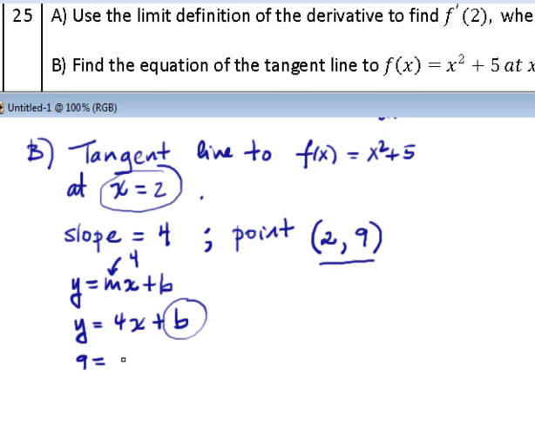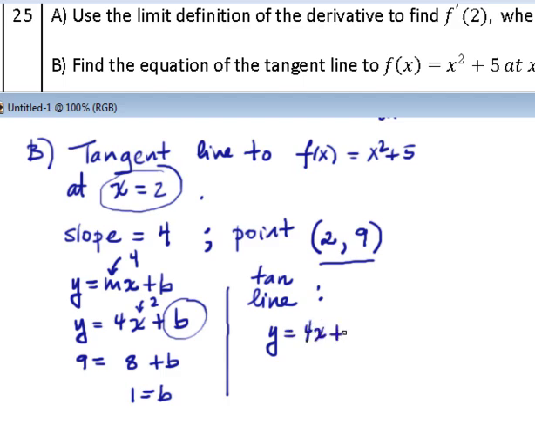So we have 9 equals 4 times 2, that's 8, plus b. Subtract 8 from both sides, and we have b is equal to 1. So our tangent line is given by y is equal to 4x plus 1.